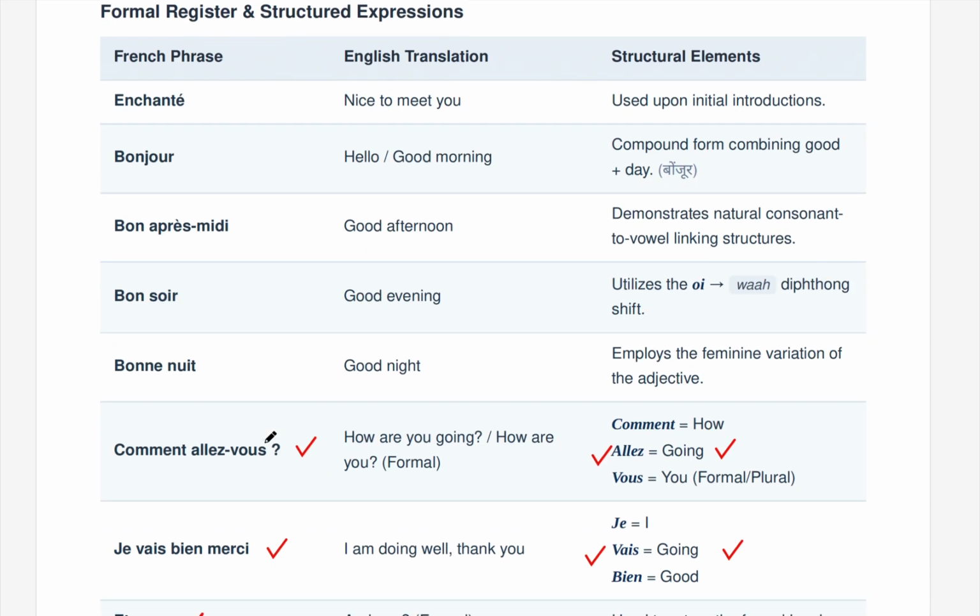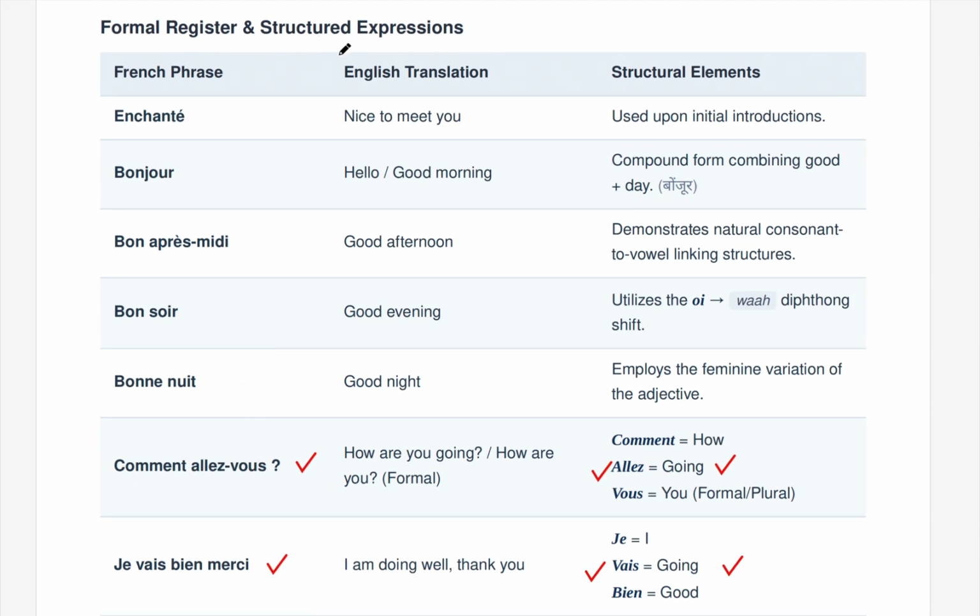Okay, so there are some more formal expressions. The first one: en becomes "on", chan is like "chon", and te is like "ta". So don't get confused about why it is like this.